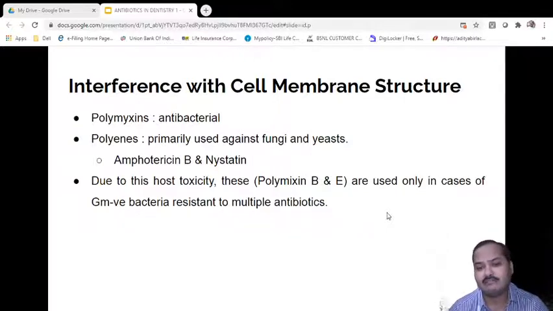In case of amphotericin B, primarily we can use topical application, lozenges, or any locally applied medicine before going for systemic treatment, because we estimate that systemic treatment will give us more and more toxic effects.